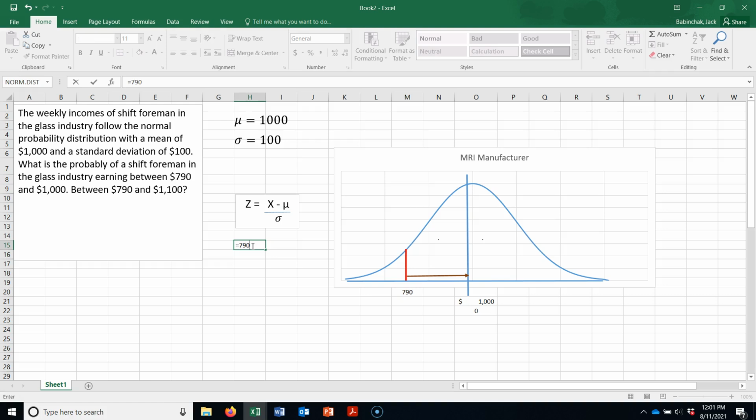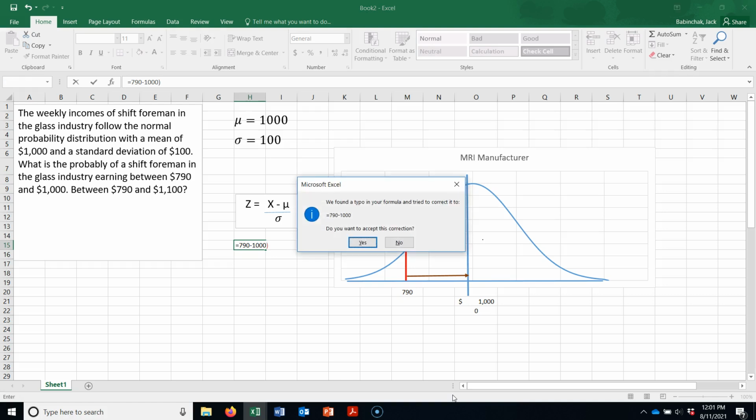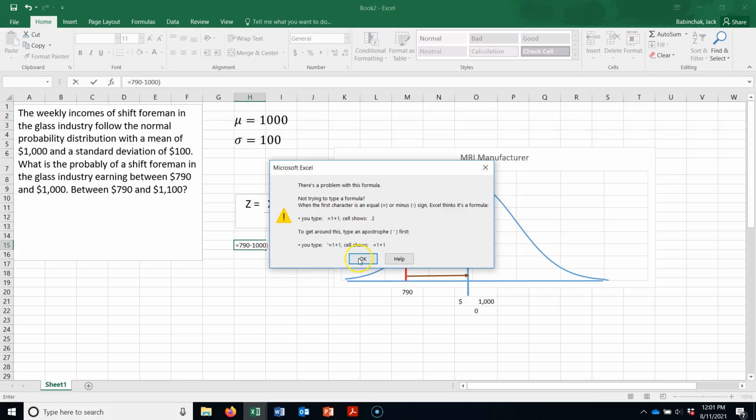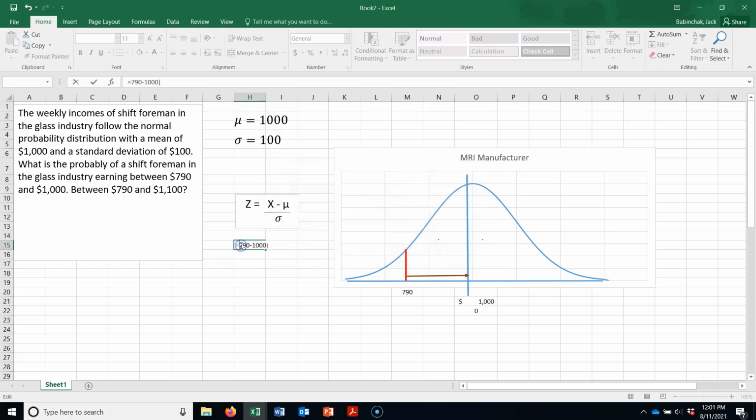And don't worry that it's going to be a negative number. We are moving from the mean in this direction to this point, so in essence, it's negative. I'm going to put parentheses around 790 minus 1,000 because I want to do that function first. And then divide that by the standard deviation, and we get 2.1.